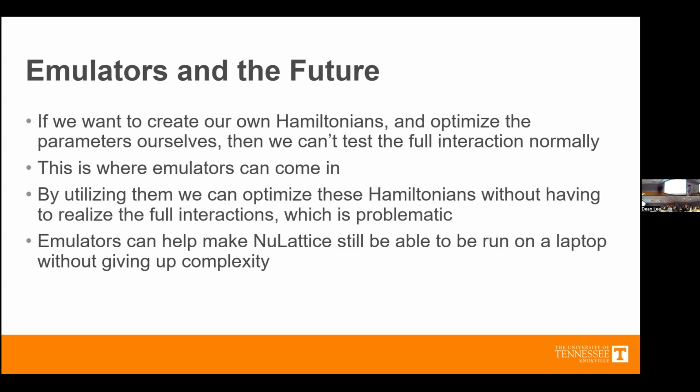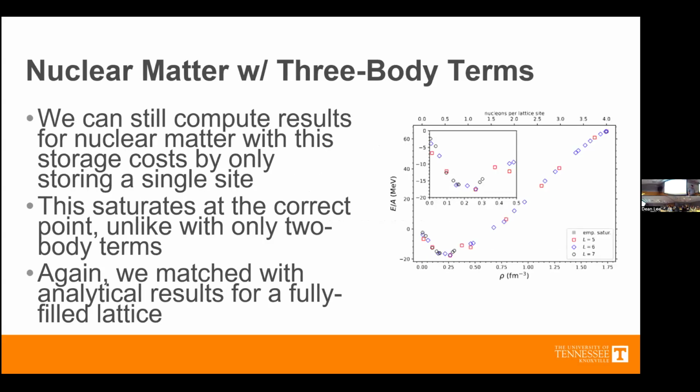Yeah, on the prior slide, first of all, really interesting thought. You're talking about only storing a single site, and this seems to alleviate things and introduce the saturation. Can you elaborate, please? I'm not quite sure how that's going on.